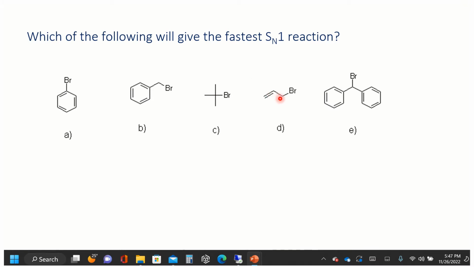We have an allyl, which is very nice. Benzyl, which is quite nice. But herein, you can see that if we dissociate the bromine, we end up with a carbocation which is stabilized by this ring. And so our answer there is E, the terribly stable species.